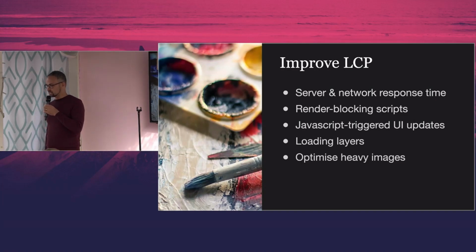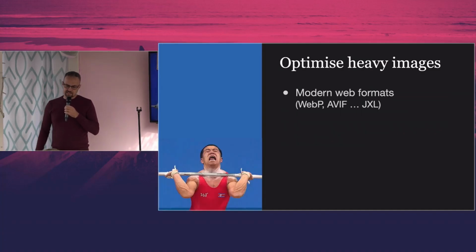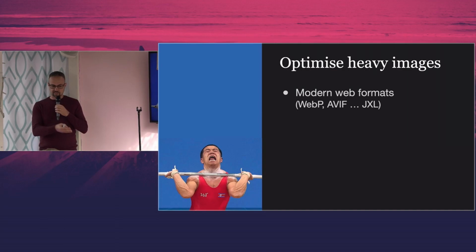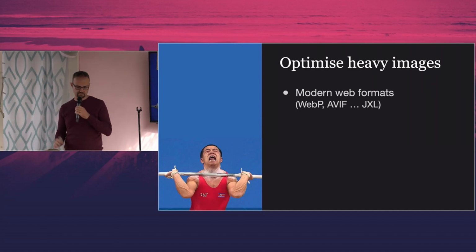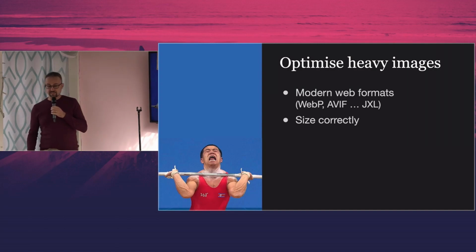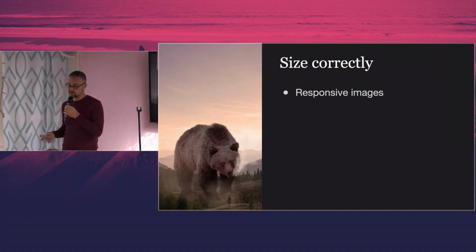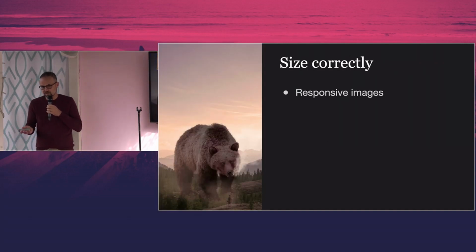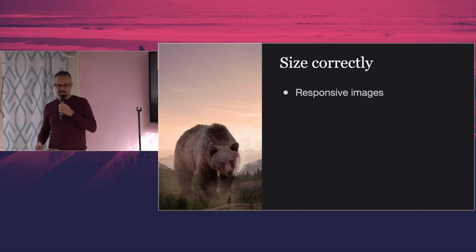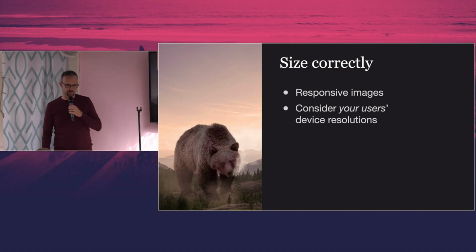And we can optimize heavy images, of course. How do we optimize heavy images? The first thing we can do is to use modern web formats like WebP, AVIF, or JPEG XL, which I don't know if it's already a thing, but it's coming out in the next months, and size them correctly, right? Size them correctly. We must use responsive images, especially if we do responsive design, which is, I think, the norm nowadays.